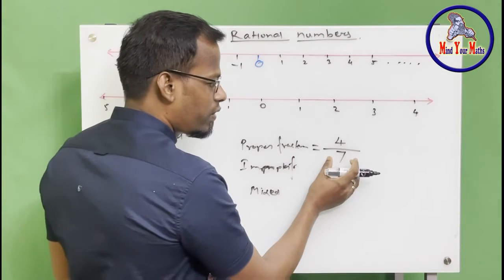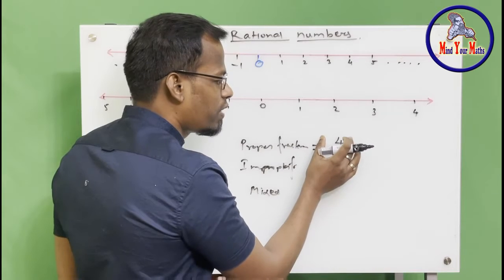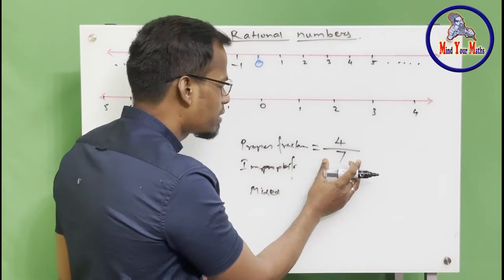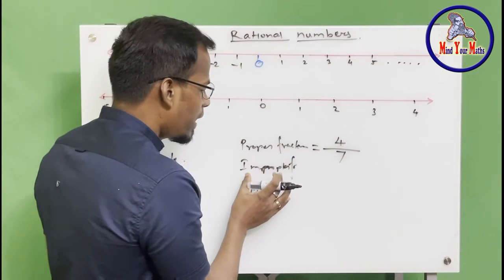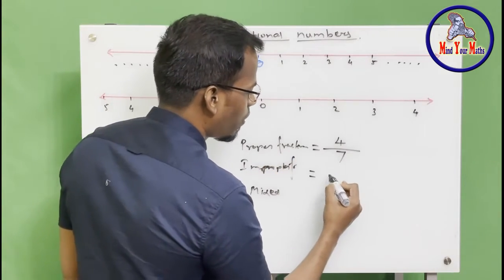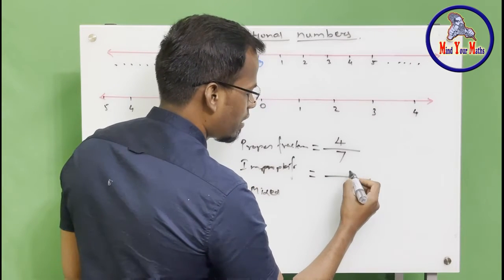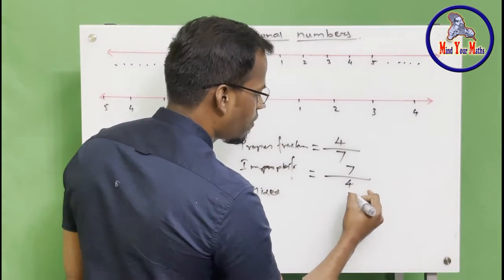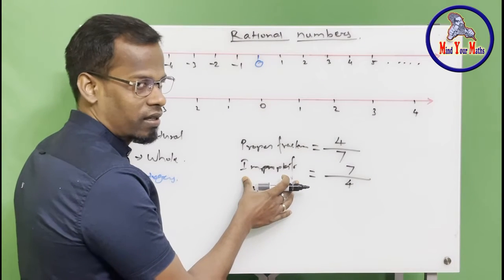Even if you take 10,000 as the denominator, and the numerator is 1 less than the denominator, it means a proper fraction. Now an improper fraction is where the numerator is higher than the denominator. It is just like the opposite. For example, 7 over 4. If you write it this way, this is an improper fraction.